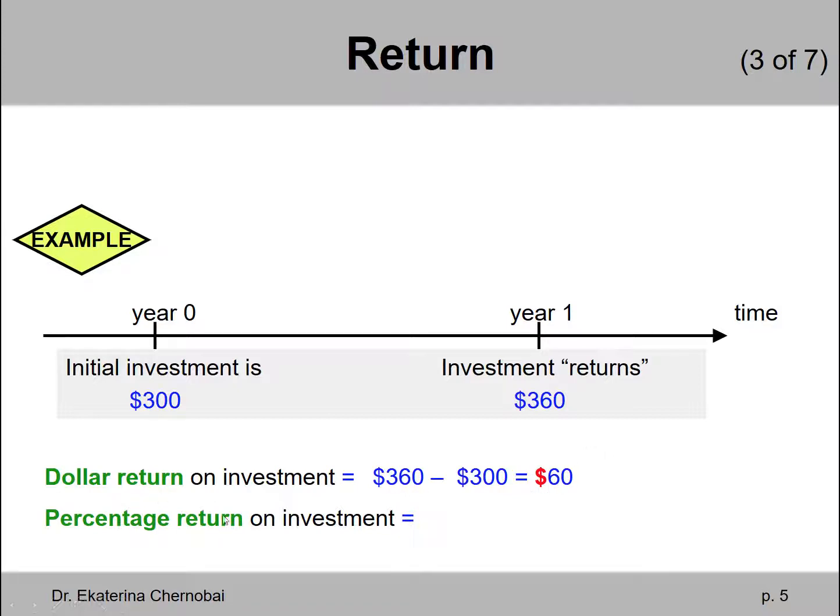The percentage return on this investment is $60 divided by $300, which is how much we invested. So relative to how much we started with, we got 20% richer, right? The return on our investment was 20%. So 60 over 300 gave 0.2 in decimals, which is the same thing as 20%.